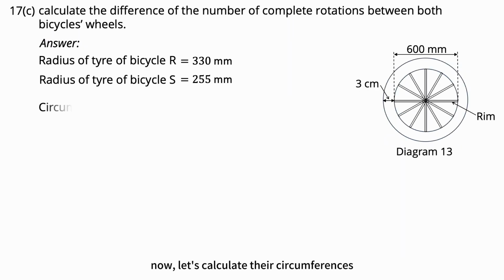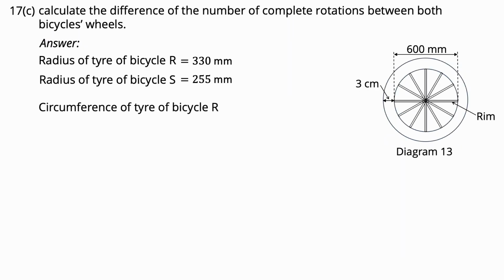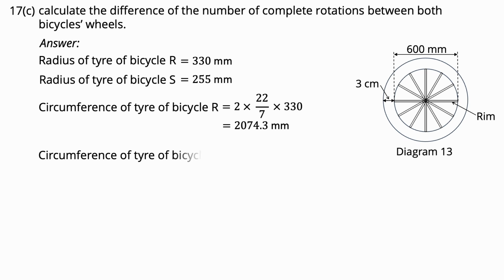Now, let's calculate their circumferences. The formula for circumference is 2 pi r. Circumference of the tire of bicycle R is 2 times 22 over 7 times 330 is equal to 2074.3 mm. Circumference of the tire of bicycle S is 2 times 22 over 7 times 255 is equal to 1602.9 mm.